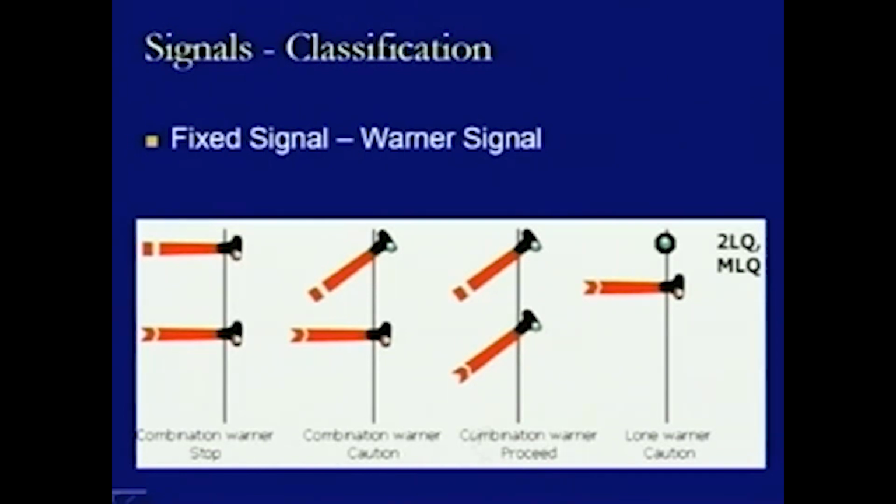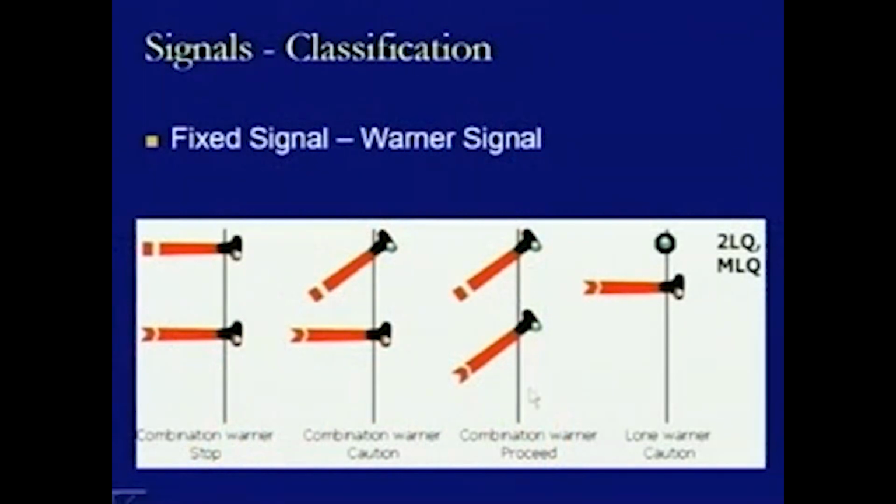And then there is a third condition where both the arms are downward, and that means both are showing green light. In this condition we can move with the same speed as we are moving, and the next section is also going to be on, that is, we can move on that section too. So, this is a case where we have a combination of the warner with the semaphore signal on the same signal post.